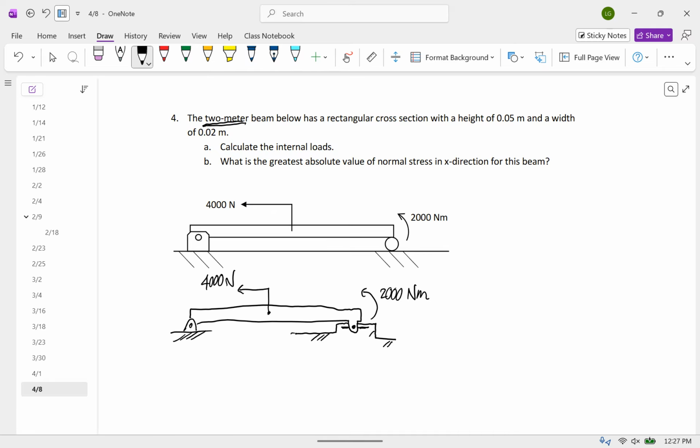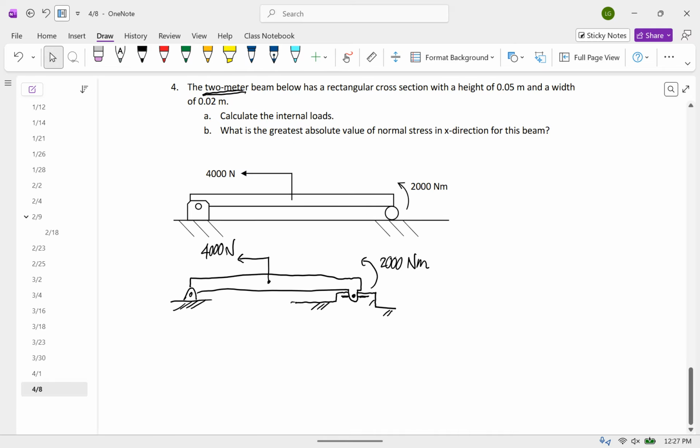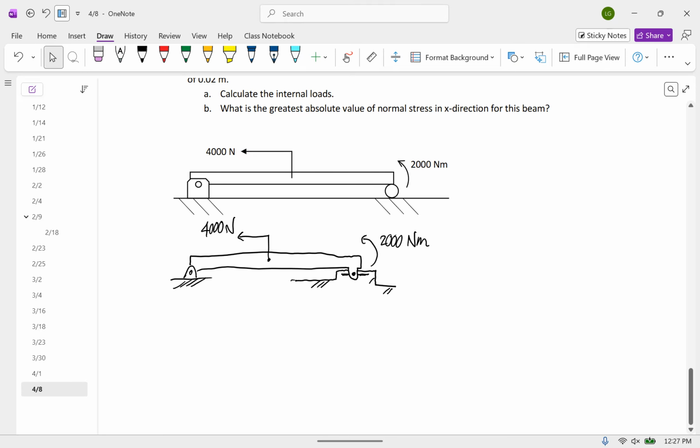But that's really big. Okay, so what do we have to calculate? First, we have to calculate the reactions. So free body diagram of the whole thing.